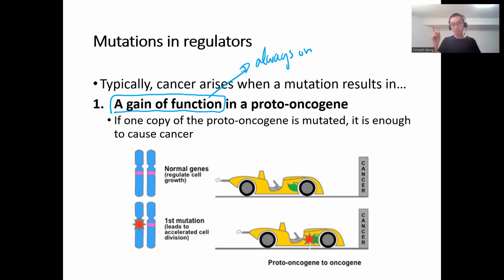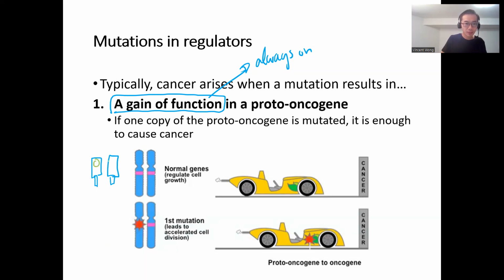And there's only one point of failure here. If that happens, then that's it. There's no more backup. The car will go out of control. It's very dangerous. Same thing for the proto-oncogene. You have two genes for the proto-oncogene, so you would have basically two green lights.